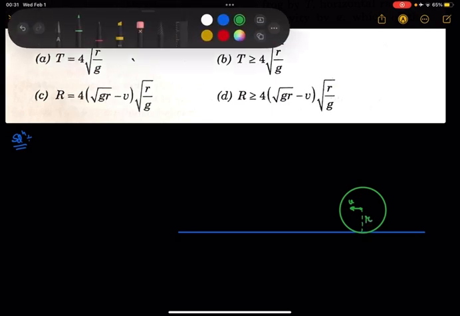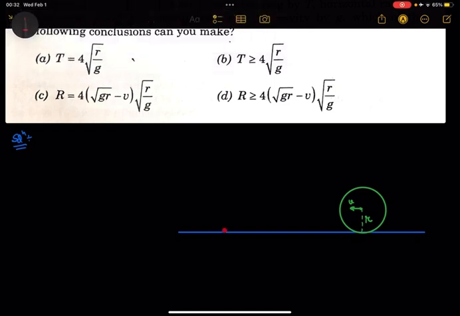Towards the cylinder, the frog is placed somewhere here, and this frog is moving with a speed of u. If this is your x-axis and this is the y-axis, then one component of the velocity is ux, and the other component is uy.